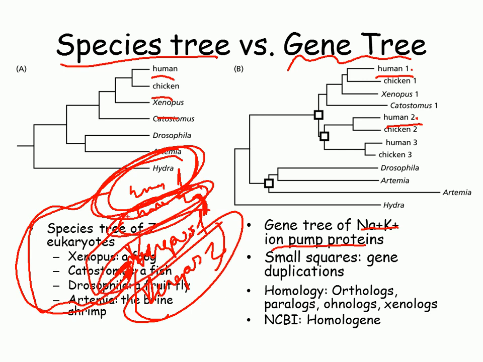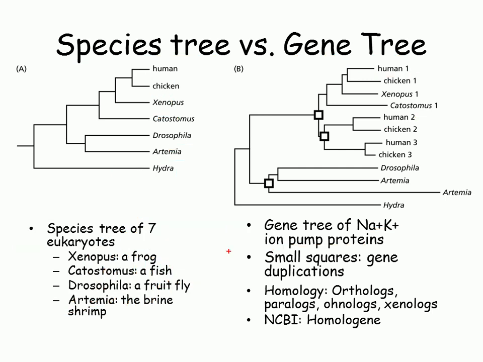Then you can figure out that it's a duplicated gene whose corresponding copy in Xenopus is lost. Okay? So figuring out these gene duplications and gene losses is sort of a detective work. In some cases, it's clear-cut. In other cases, it's not so clear-cut. And there are different methods to help you identify these events.